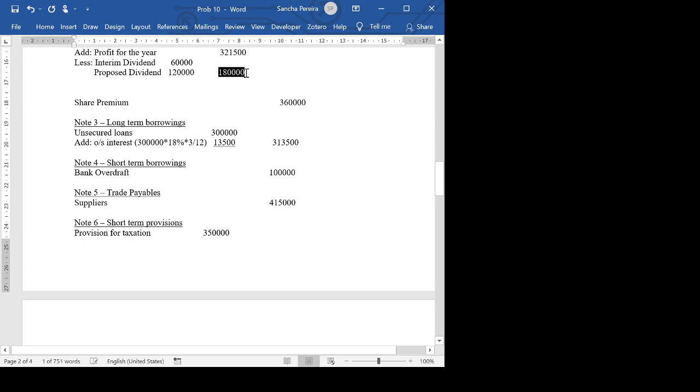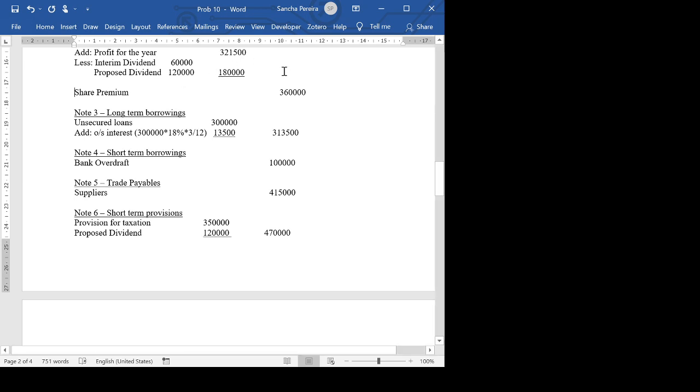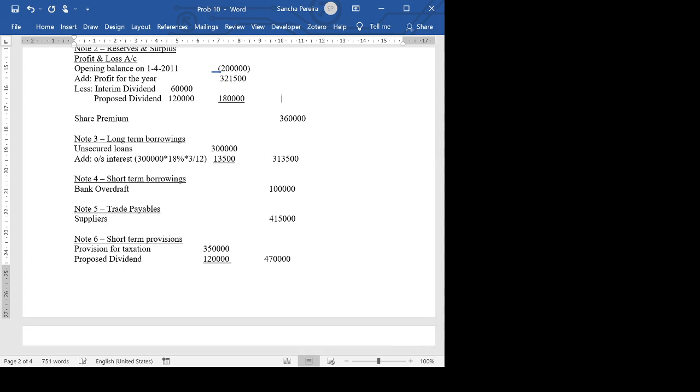And this is adjusted with share premium, which is another item. This year there is a profit, but from this year's profit we are trying to adjust last year's loss.